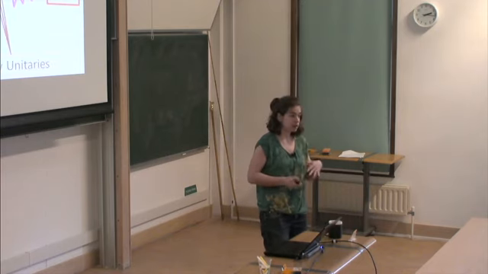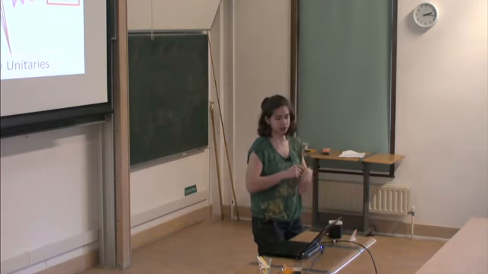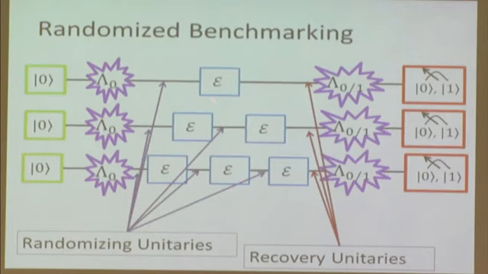So in randomized benchmarking, the random part of it is that right before each process that you're trying to characterize, you insert a randomizing unitary. Each time you do one of these sequences, you pick a unitary at random and apply it right before your gate.